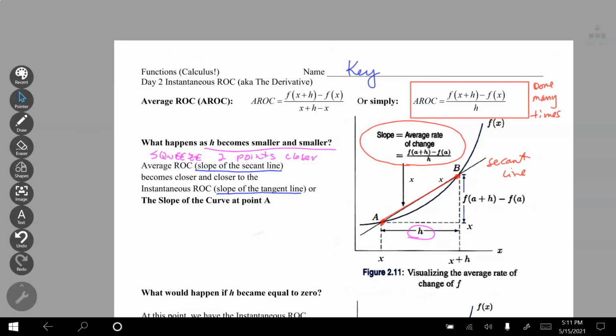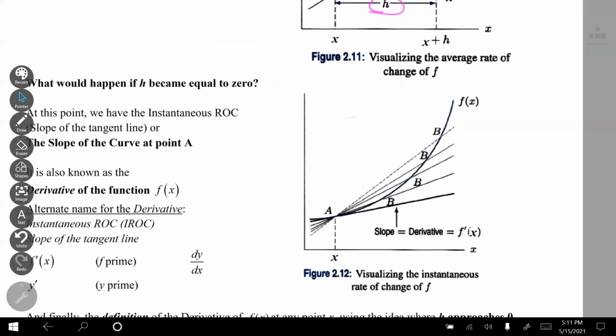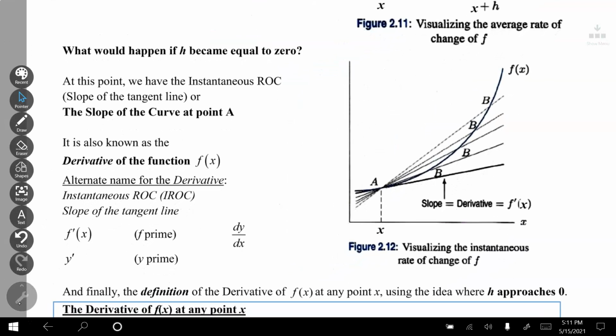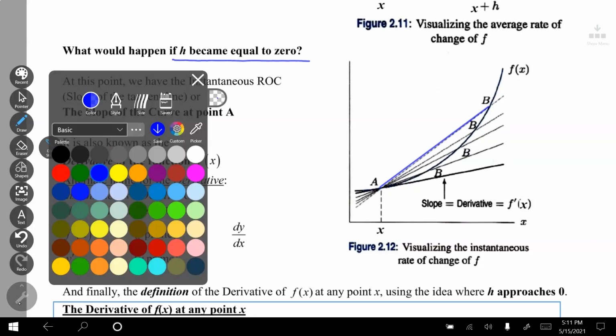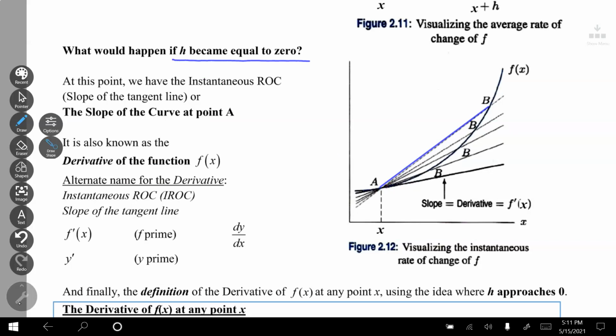So the idea is, what happens if we bring this closer and closer together, and what happens if finally h becomes 0? Well, if you notice here, we have all these slopes. We have this line here in blue, and then this line here in purple, and then one in green, maybe one in red.